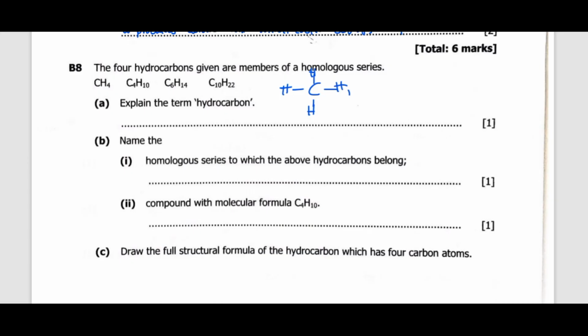Then the second one, 4 carbons, 1, 2, 3, 4. We are going to have the single bonds. Then the 10 hydrogen, 1, 2, 3, 4, 5, 6, 7, 8, 9, 10. So we have seen the pattern. Then here we are going to have 6, like that, even up to 10.